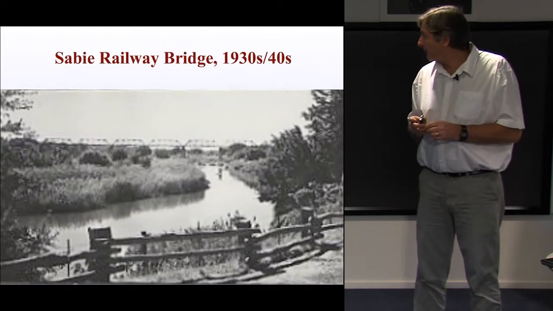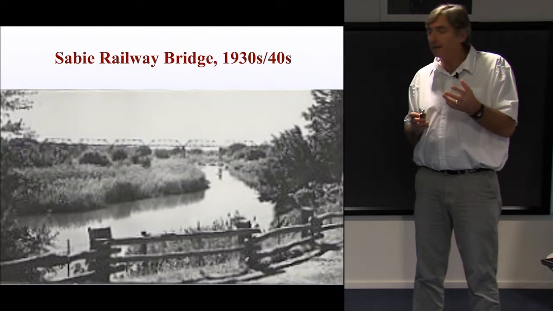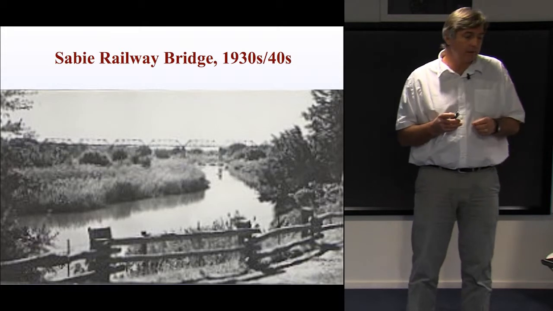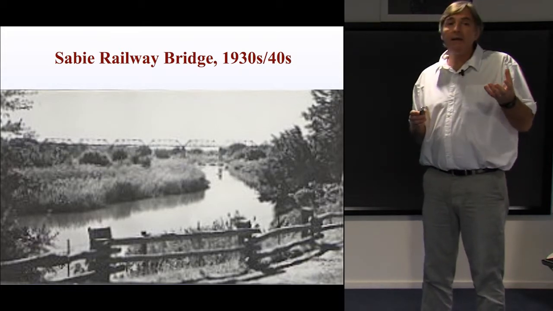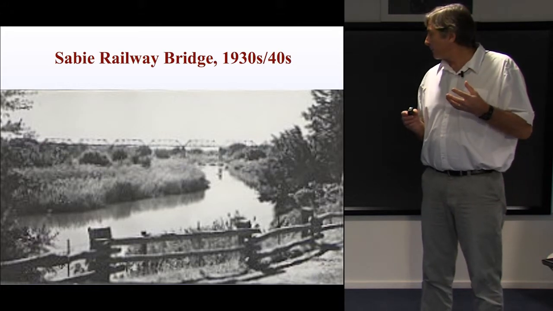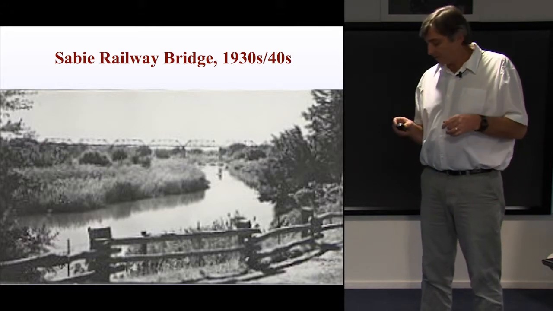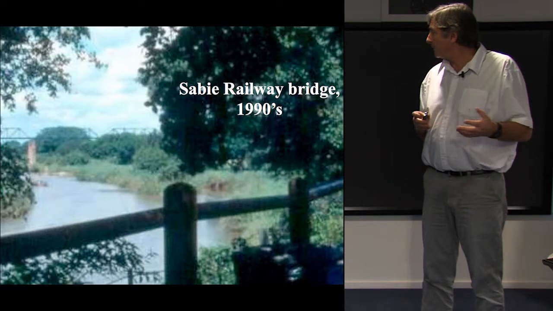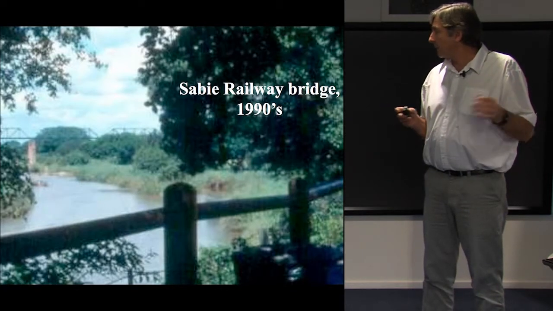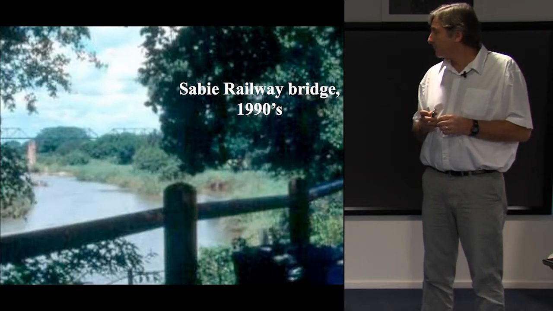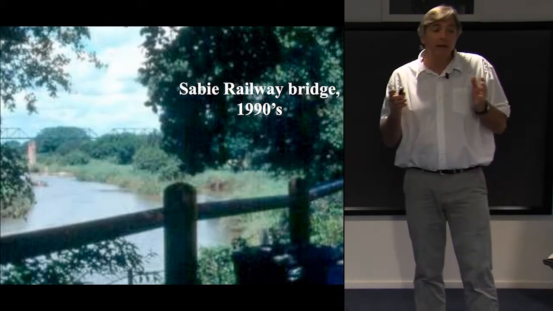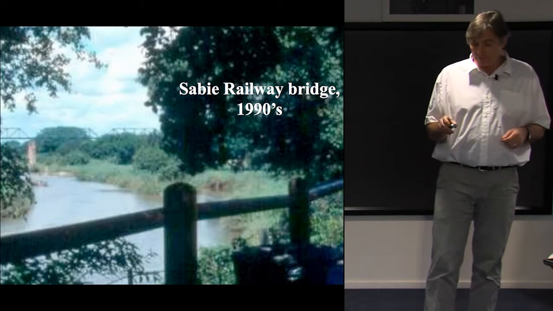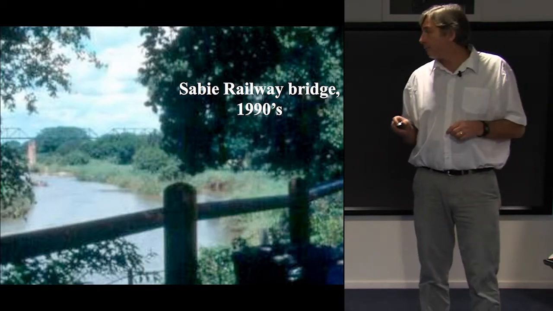Okay, then if you look in the 1930s and 40s, again the Sabi Railway Bridge giving us the framework, you can see that once again the very extensive reed beds have come back, the riparian vegetation has grown up again, and if we go to the 1990s, still a similar sort of condition, with the river quite constricted, a lot of deposition and a lot of reed growth.